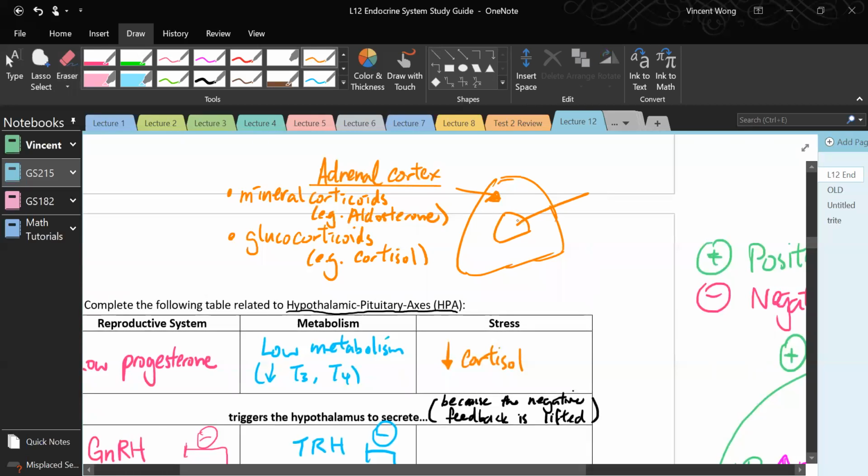Whereas the adrenal medulla, the inside, that is where you will have immediate stress, like angry dogs running towards you. Your body is immediately stressed. It needs extra resources right now to either fight the thing or run away from it.